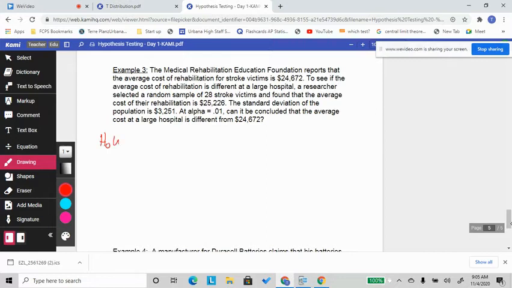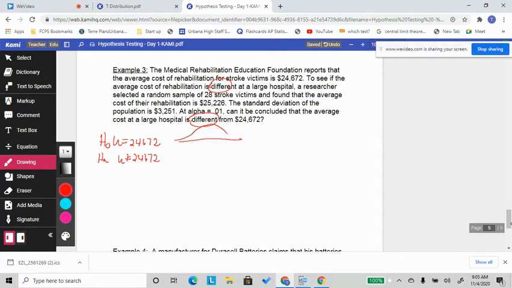Okay, the H0 is mu of 24,672, and your Ha is different. It says what they say it is now, and they want to see if it is different. Different means less than or greater than. We're going to draw our curve.